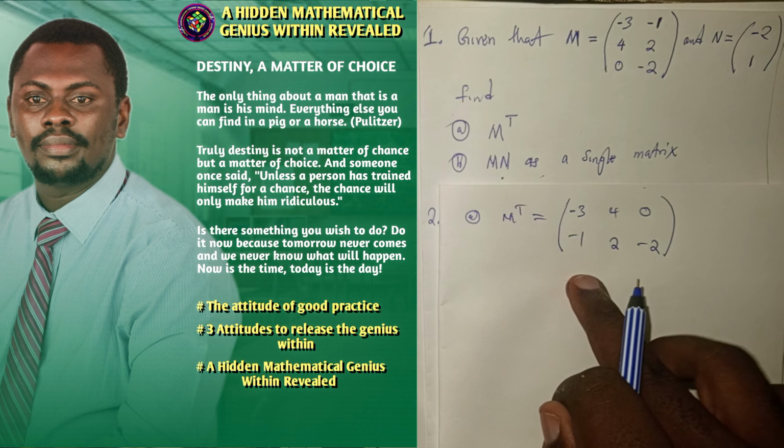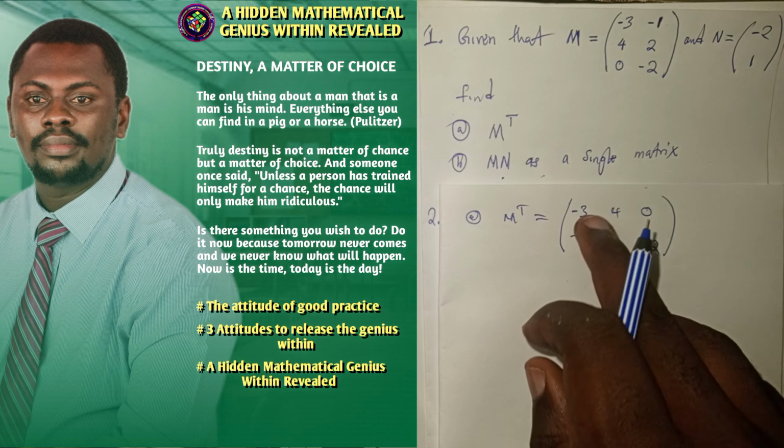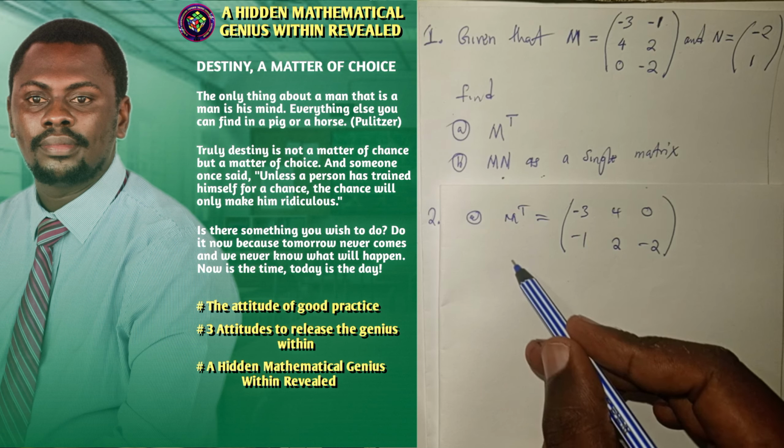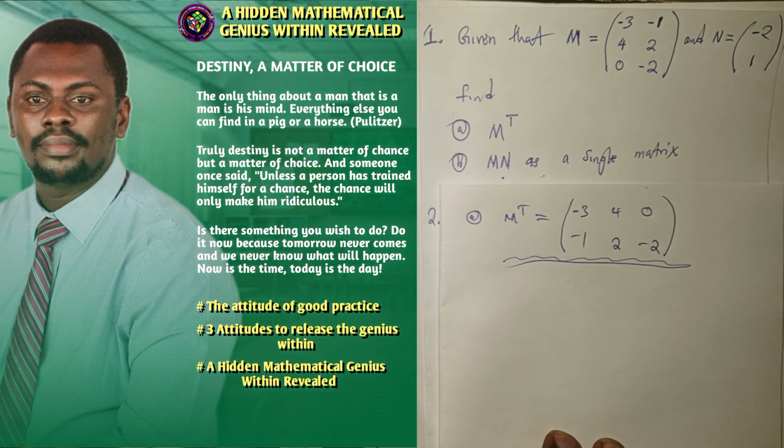And this one we have transposed, we can see that it's a 2 by 3. So that's the change of rows to become columns. Okay, so that is the answer there. To transpose a matrix, you change rows to become columns, or columns to become rows.